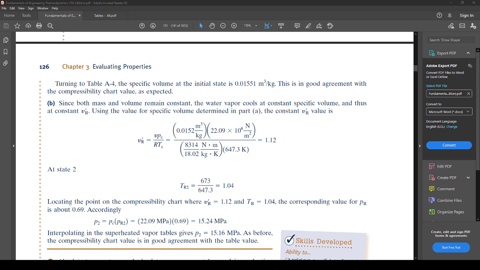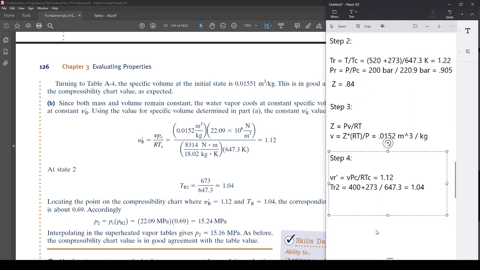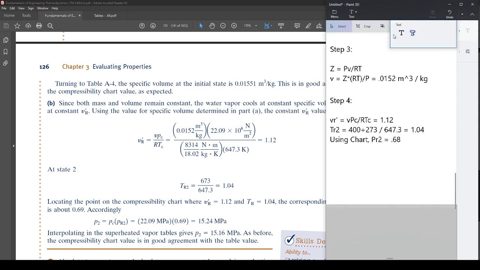So let me go into the solution, and then you have, using the chart, PR2 is equal to 0.68. And then step 5, the last part, you have the following. You do PR2 is equal to P over PC, which if you then manipulate that, you end up with P2 is equal to PC times PR2.